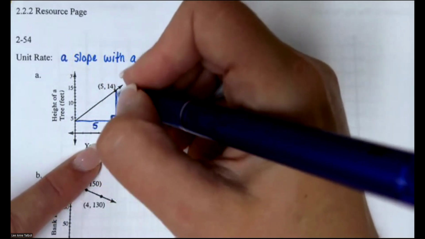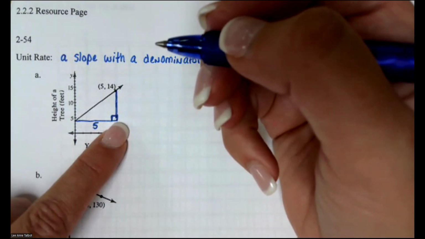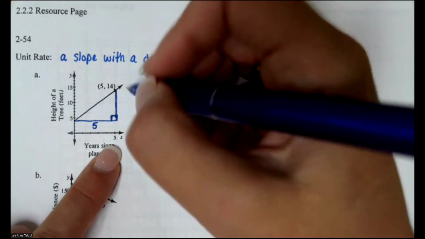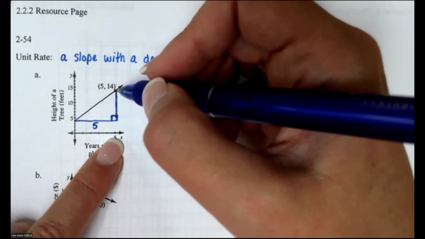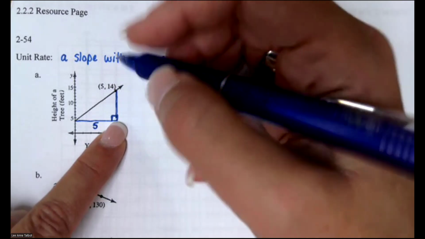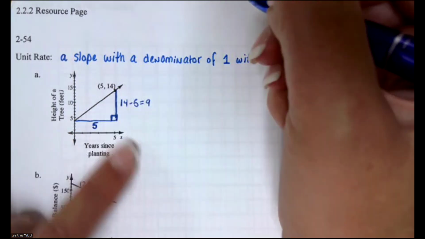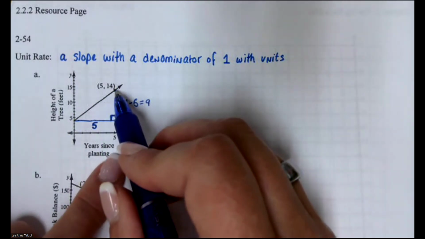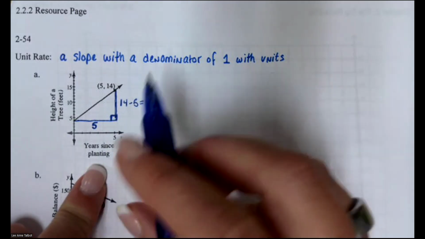Okay, this is a much harder question. What's the height? It's not 14. So it's 14 all the way to here. Yes. I think it's 9 actually. Isn't it? So this is 14 and this is 5. So 14 minus 5 is.